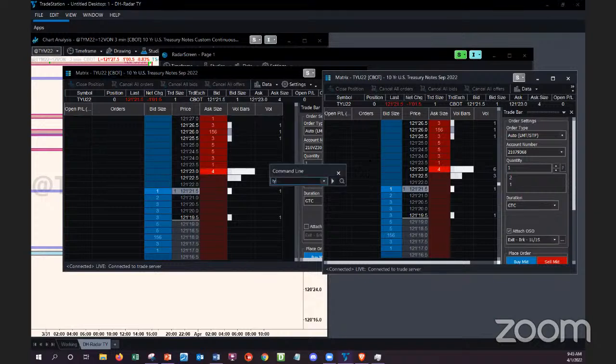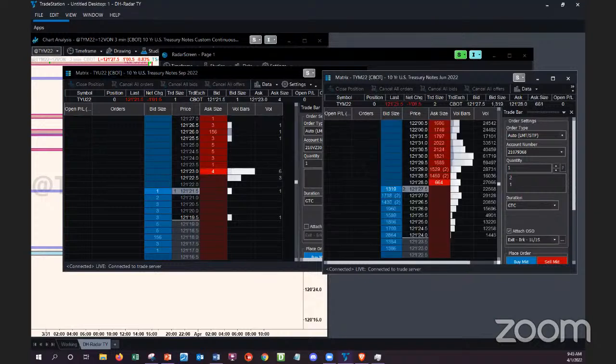Okay, TYM 22. Here we're at 121.27. Here we're at 121.21. There are people that trade these just because of the spreads in the difference.